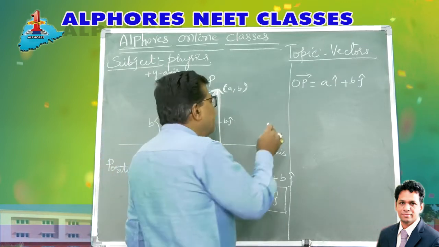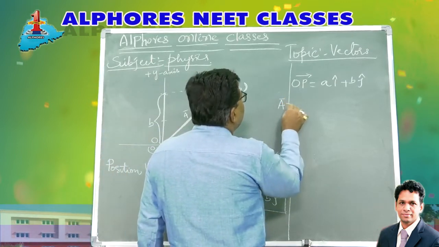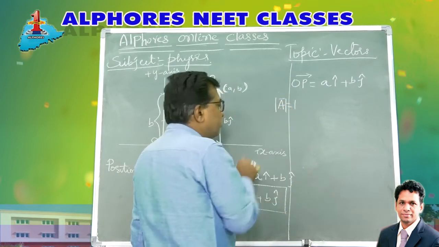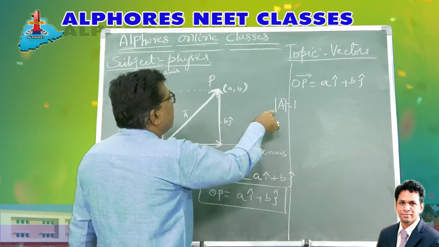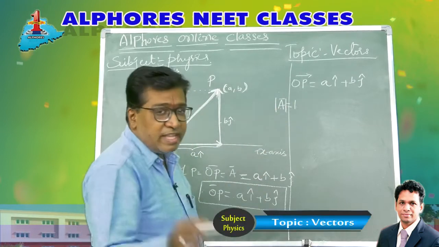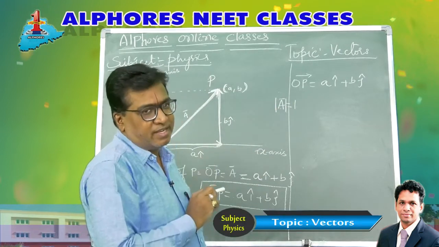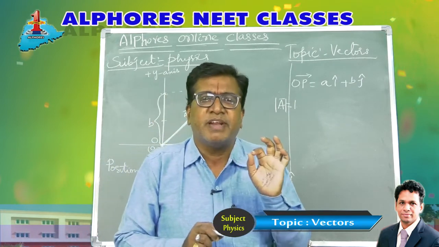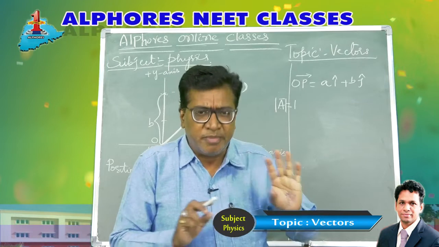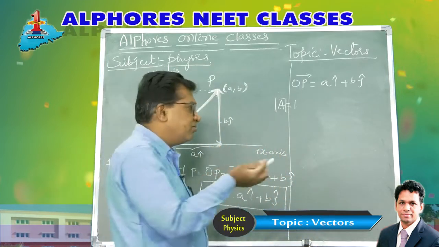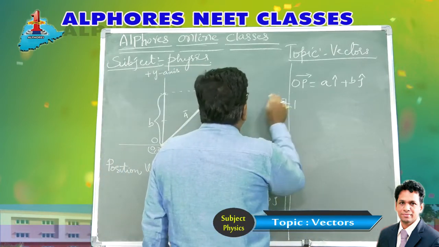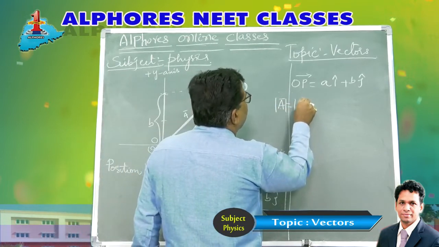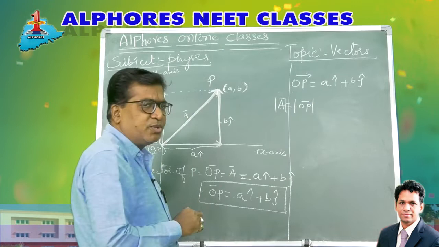The magnitude of vector A bar is mod A bar, the modulus of vector A, called the absolute value of the vector. Magnitude means the absolute value of the vector, which is positive, it cannot be negative, and it is a scalar, a number with unit. So, the magnitude of our vector OP bar is mod of OP bar.